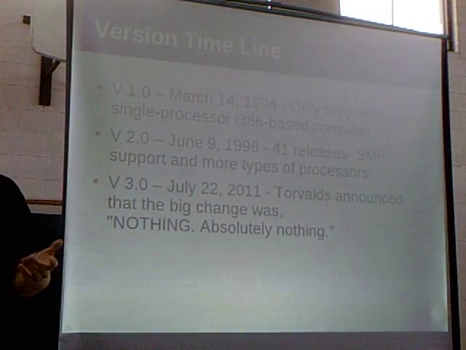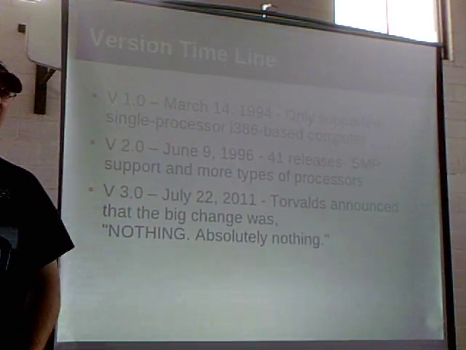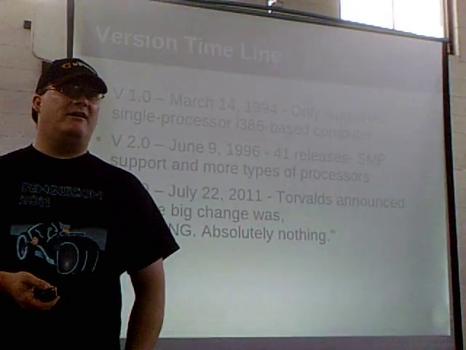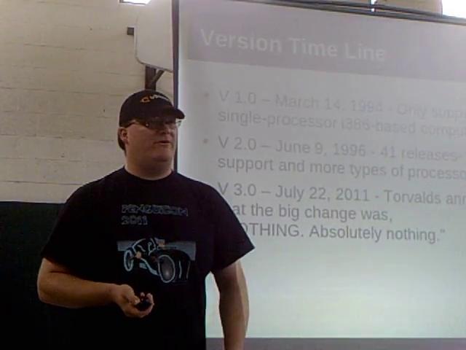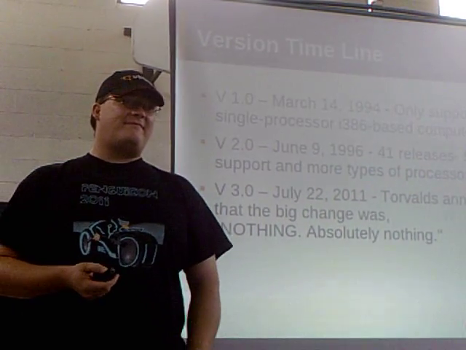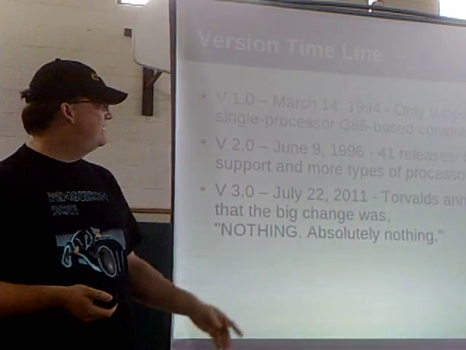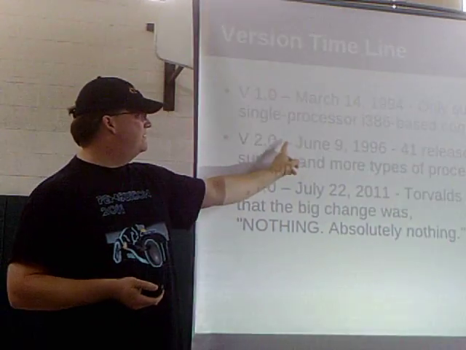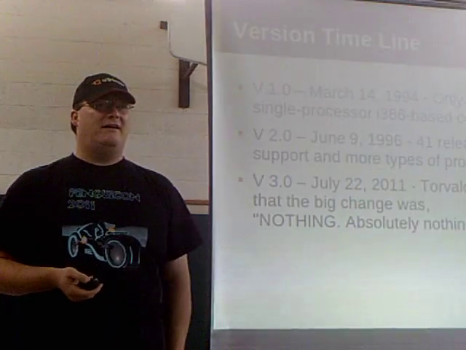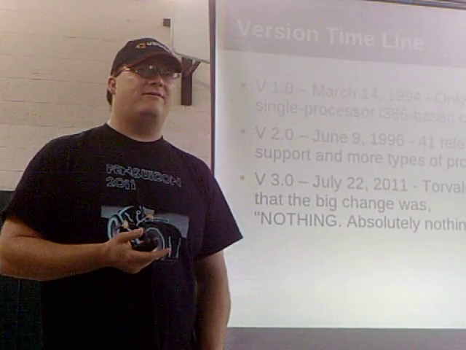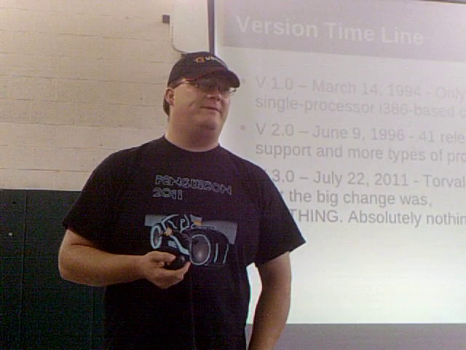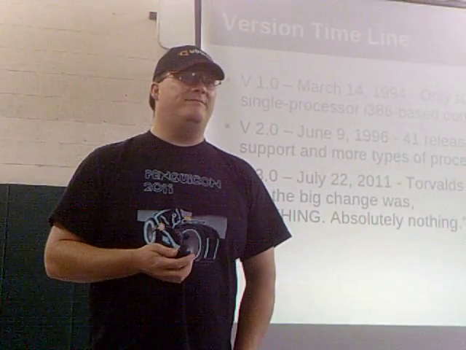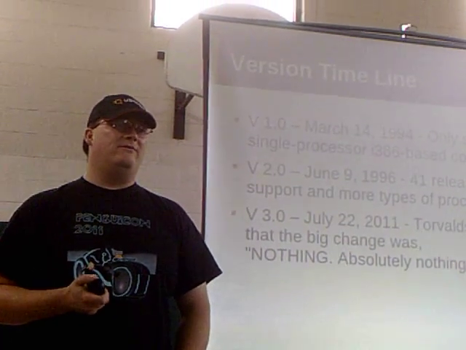2.0 is probably pretty much what everybody's using right now. Not 2.0, but 2.something. Because it was only this year, on July 22nd, that they came out with 3.0. There were 41 releases of the 2.x version. Ubuntu's still on like 36 or 38, I think, is the latest update that I pulled, so they're not even up to 3.0.